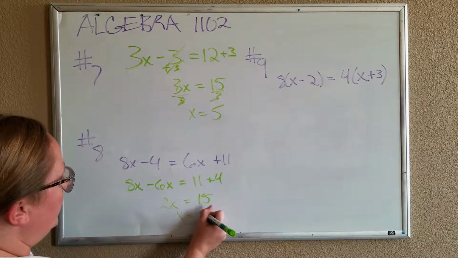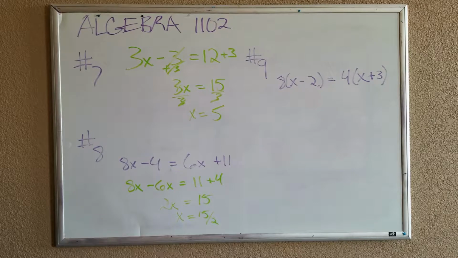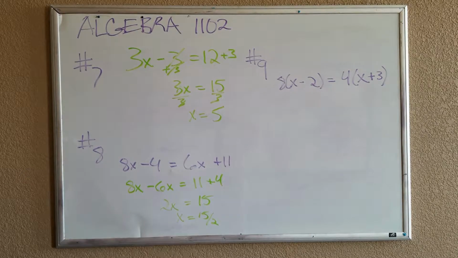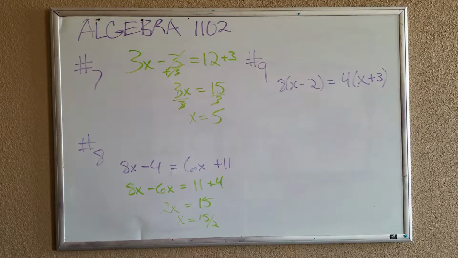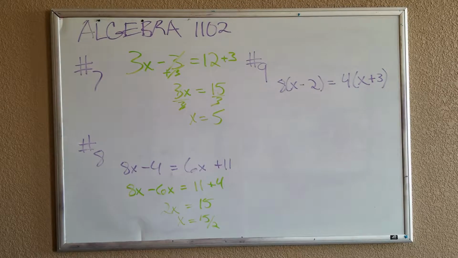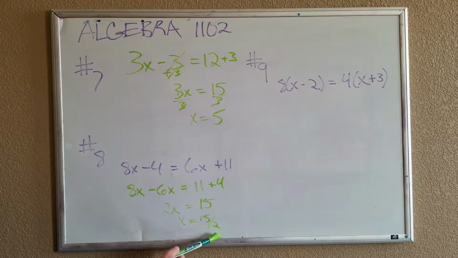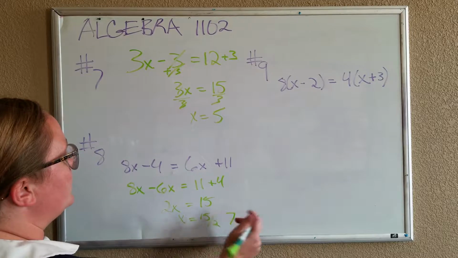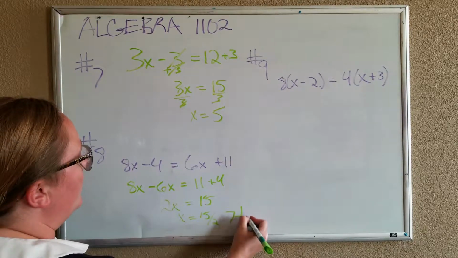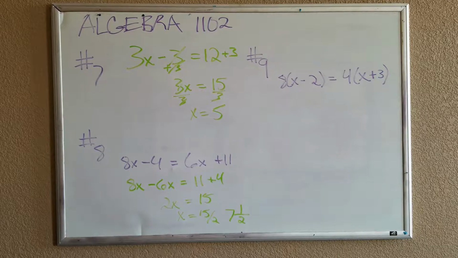So you end up with 15 over 2, which is not divisible. So they will say, if they want it like this, leave it in improper fraction form. Or they'll say, show as a mixed number. So a mixed number is a whole number with a fraction. So this one, 2 goes into 15 7 times. 7 times 2 is 14, so that's with 1 left over 2. 7 and 1/2.